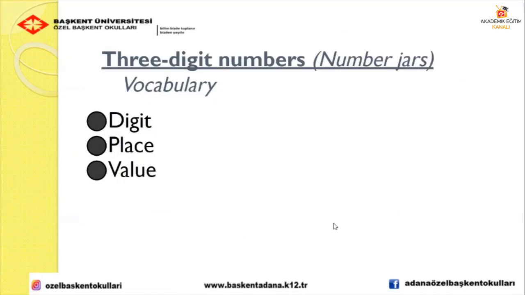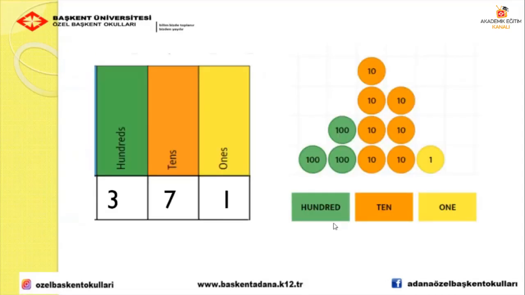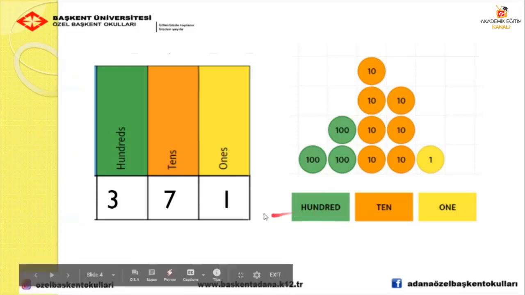Three-digit numbers. In this topic, the words you need to remember are digit, place, value. This is a place value chart. In a place value chart, we write the name of the value: ones, tens, and hundreds.